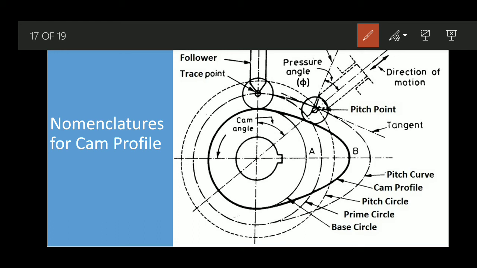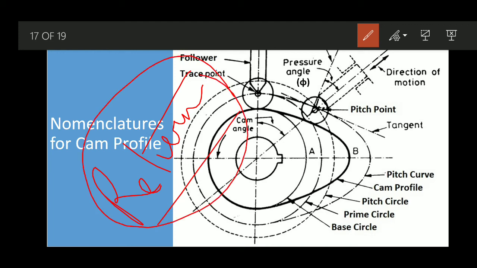Similarly, after that, the cam will rotate and the follower comes down. The angle through which this phenomenon happens, the cam rotating and the follower coming down, is known as the return stroke angle.